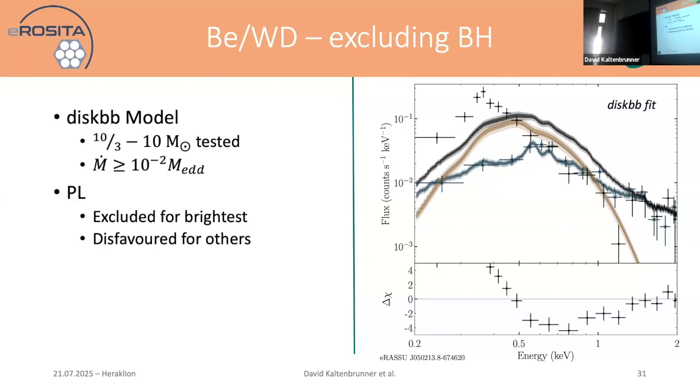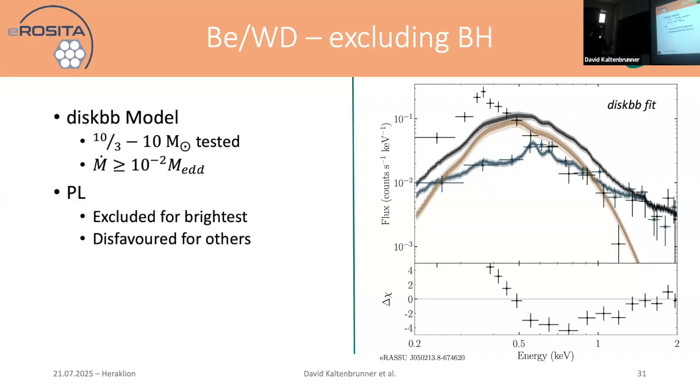And with this, we put upper and lower limits on the temperature and on the normalization, assuming that the black hole is non-spinning. And what we find with this is that actually all 3 of them do not work well for the disk black body, even the 2 fainter ones.